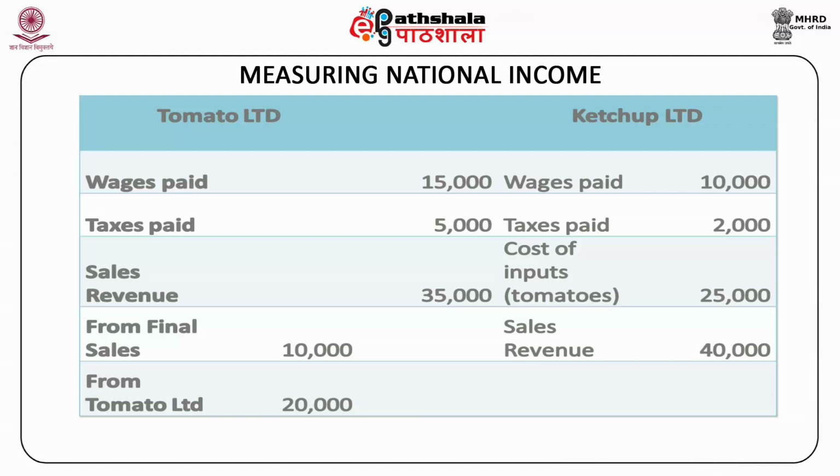Tomato Limited produces tomatoes and sells them directly to the consumers as well as to the Ketchup Limited. The Ketchup Limited sells its output to final consumers only. The table provides an account of transactions of these firms. Now let us go through each approach one by one.